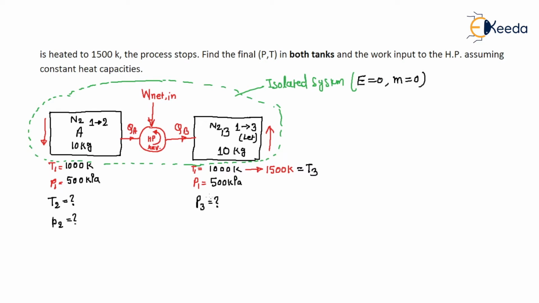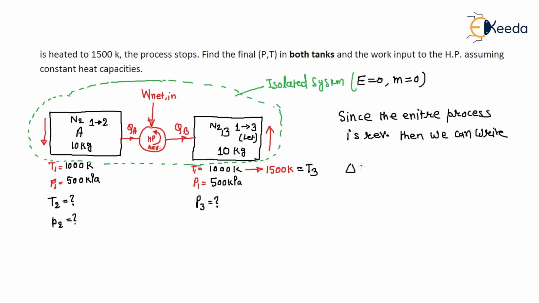Now since the entire process is reversible, we can write the increase of entropy principle: delta S of isolated system is greater than or equal to 0.